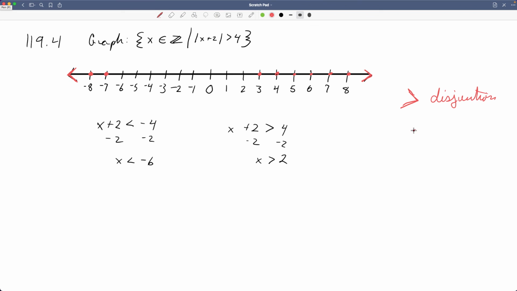Whenever you have the less than or equal to, or just the less than, then you're going to have a conjunction where you can graph them together as a single statement. So those are the two main differences that you need to look for. Is it less than? It's going to be a conjunction. If it's greater than, it's going to be a disjunction.